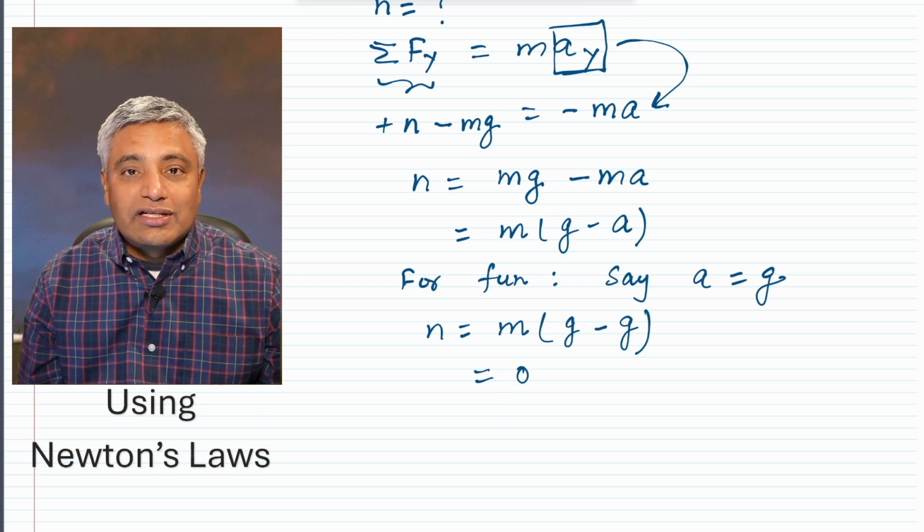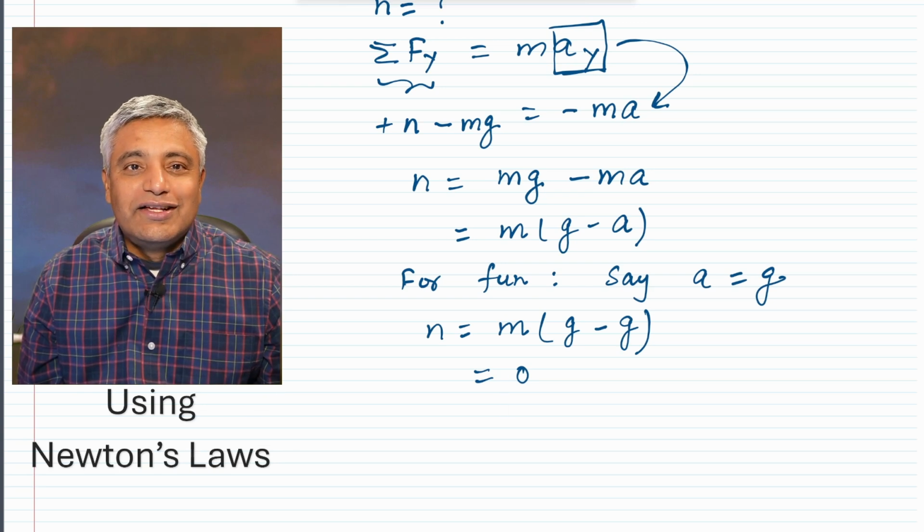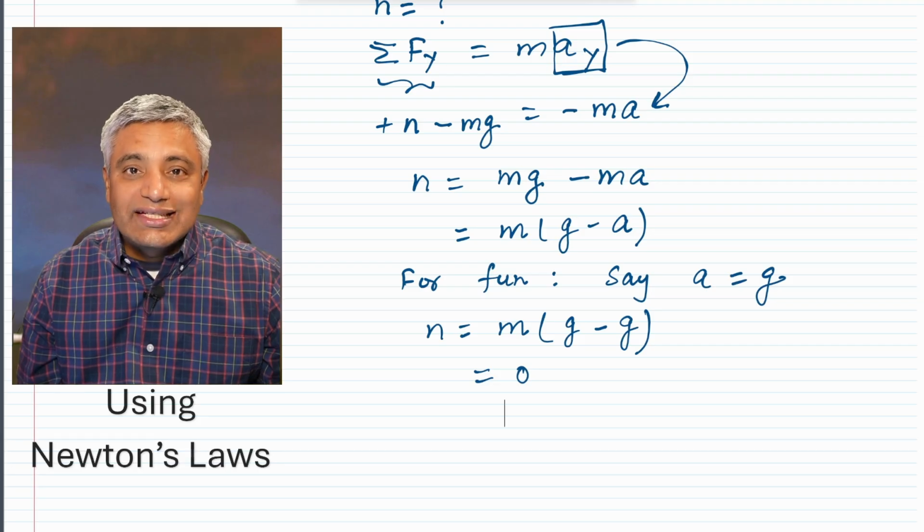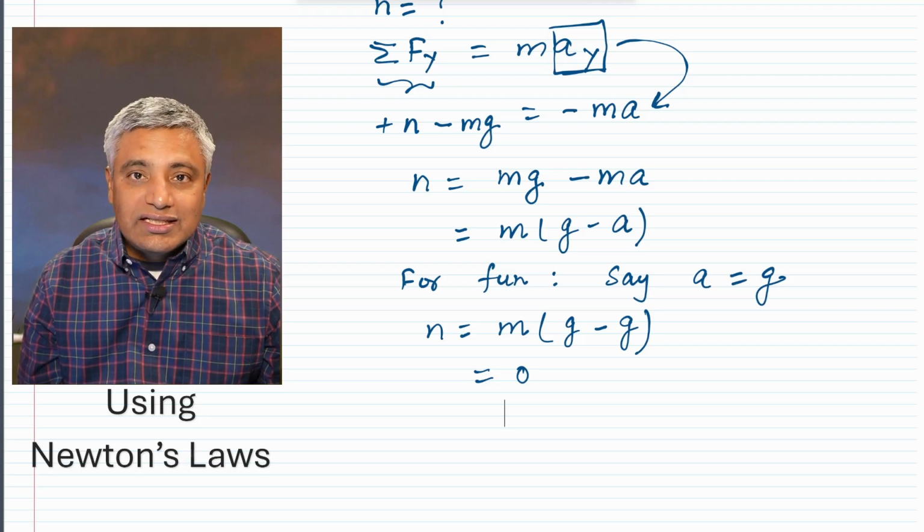So although I'm not suggesting you do it, let's say if someone were to jump off from the roof, that person is going to be in free fall. In that moment, that person would experience weightlessness. Okay, the scale is not going to show any reading, means the reading is going to be 0. So that's what weightlessness is.